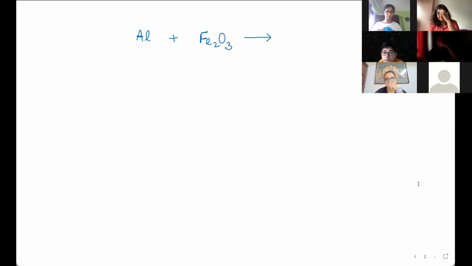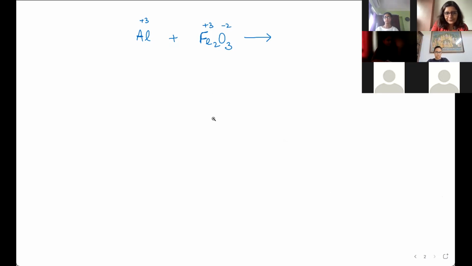So refer to the valencies again. Yeah, I'll give you guys a hint. Aluminium always takes +3 valency. Iron, in this case, is +3. Oxygen is -2. So Kashvi, work it out again and send it. Crystal, yes, it's balanced. That's correct.